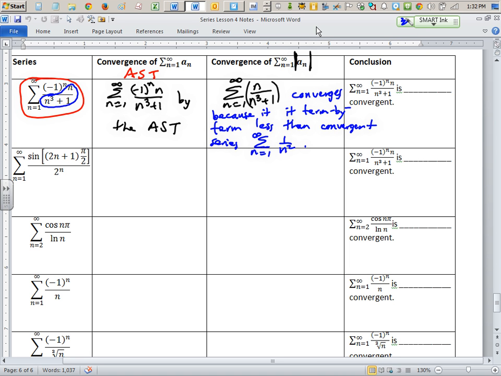This is the convergent series, P series with P equals 2. Convergent. This thing is term by term less than that, so it too must converge by DCT.